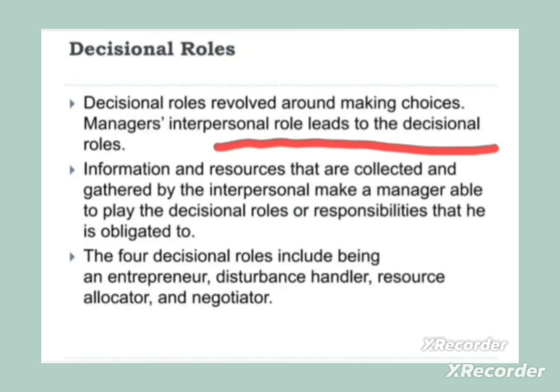Decisional roles again have four types: the first one is entrepreneurial role, disturbance handler, resource allocator, and negotiator. So whenever there is a necessity to take a decision about entrepreneurship, meaning to start a business, or if there is any dispute or disturbance to handle, the manager is the person. Then whenever there is a question of how to allocate the resources, and again negotiation. So all these come under the decisional roles. So there are four types of roles under the decisional roles.